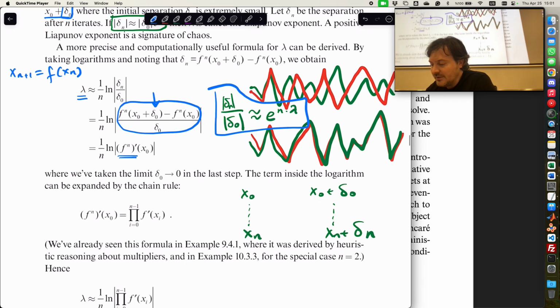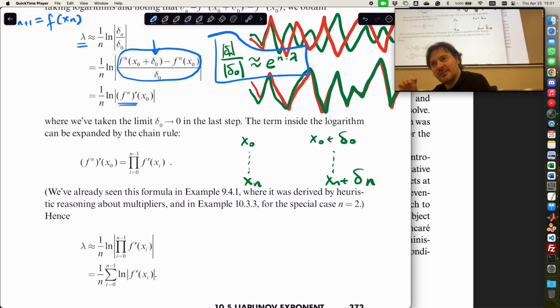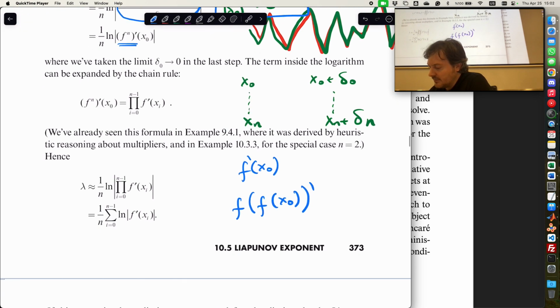But the derivative of the nth iteration of the function, in our case, has a very special meaning because the derivative of f of x0 is just f prime of x0. But if you have f of f of x0, you can write the derivative like this: f prime of f of x0 times f prime of x0. But what is this f of x0? x1. So you have f prime x1 times f prime x0.